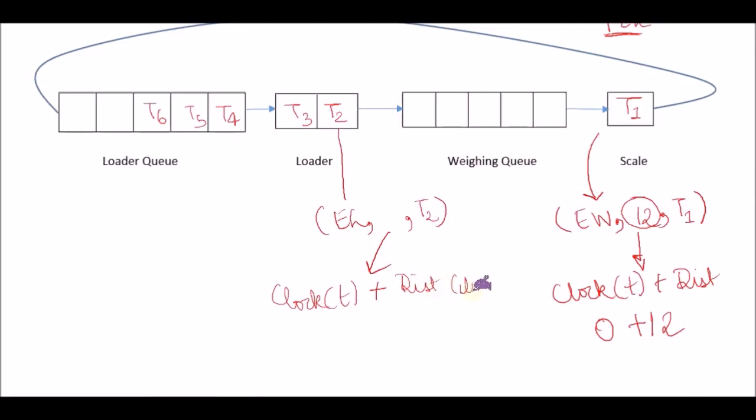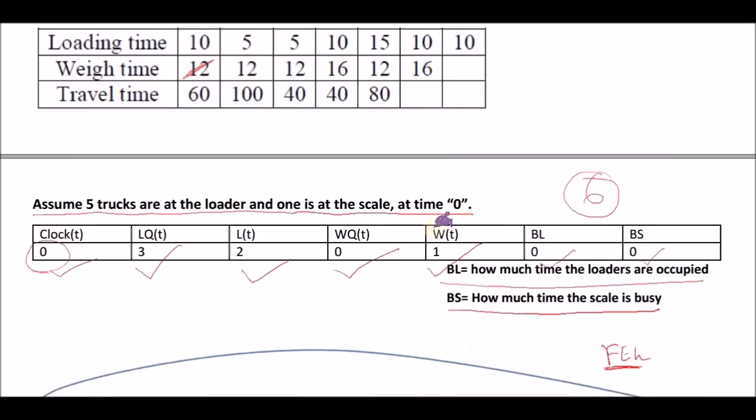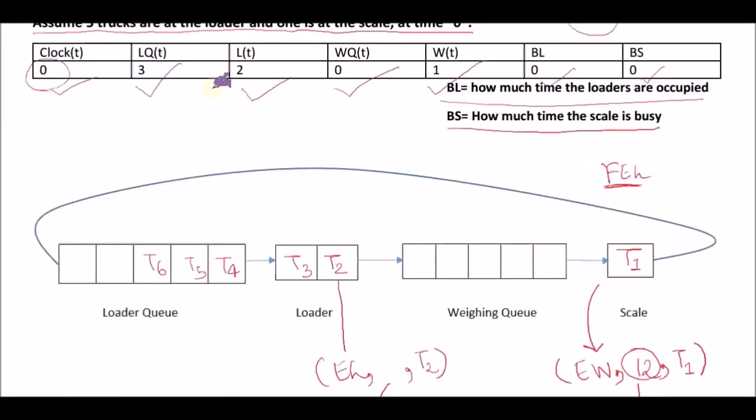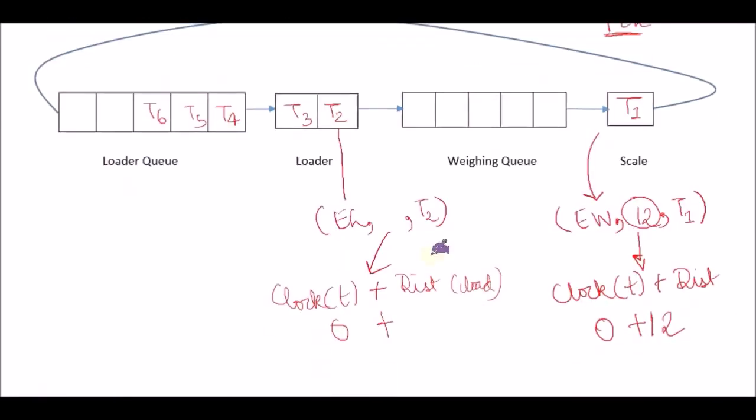So this is going to be 0 plus, now let's look at our distribution table for loading. That is going to be 10. So if we move down, that's going to give me 0 plus 10, and that is 10.